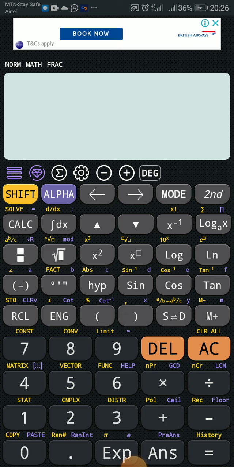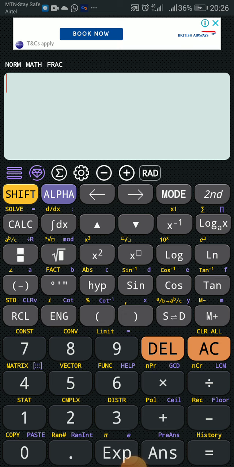But I want to beg you, make sure you know how to convert to radian. Mine is in radians now, but in your calculator, I think it is shift mode. When you press shift mode, you'll see rad, so that's radians.